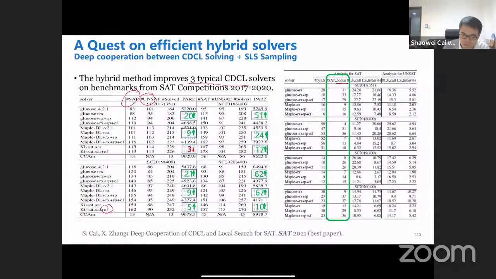For example, here in 2015, the solver solved 98 instances, and with conflict frequency it can be improved to 104. But most of the time, the improvements were limited to satisfiable instances.